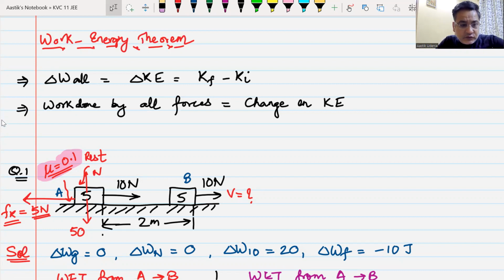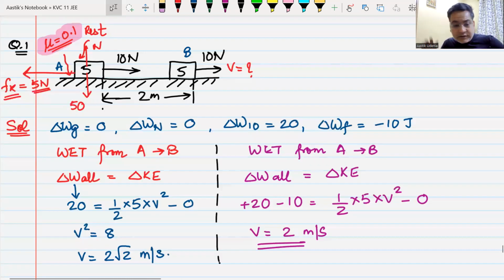Whenever a force does any work on an object, that work will always come as change in kinetic energy. We had seen some examples where we had different forces.